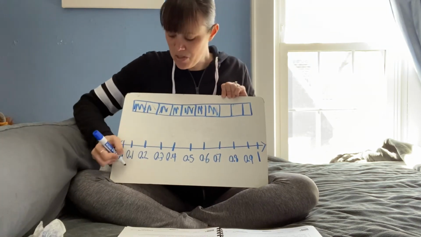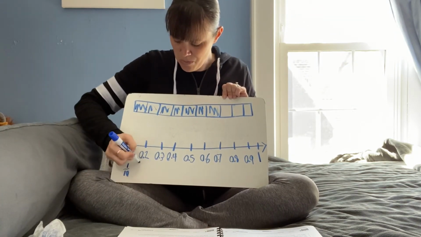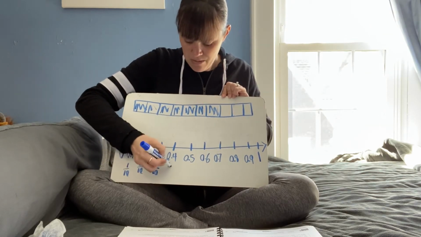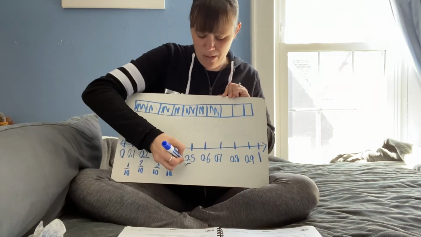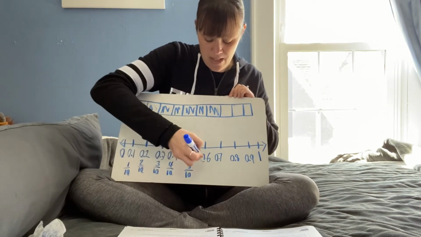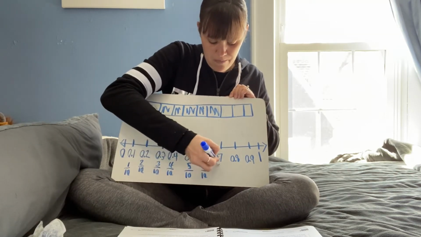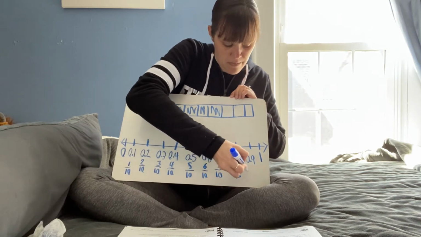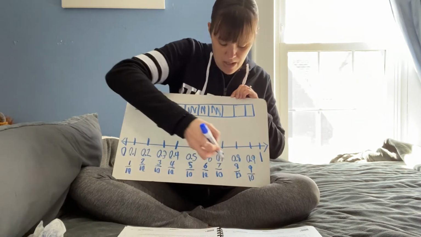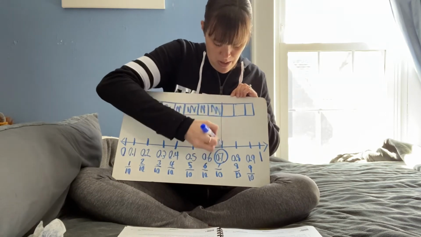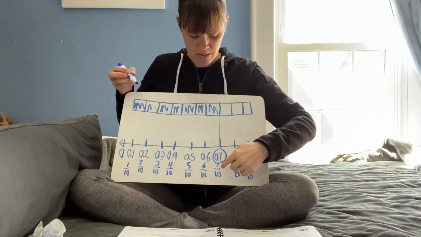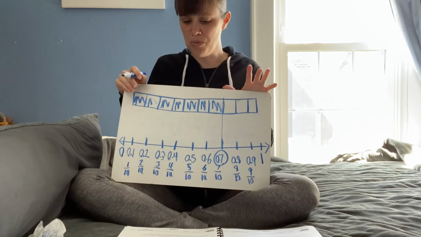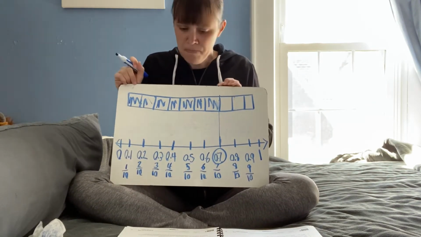Okay, now let's do it in fraction form too. 1/10, 2/10, 3/10, 4/10. This is where we're like, oh, that is so easy. 5/10, 6/10, 7/10, 8/10, 9/10. So this is where 7/10 is. That's all we had to do for the first one. So see, that wasn't so bad.